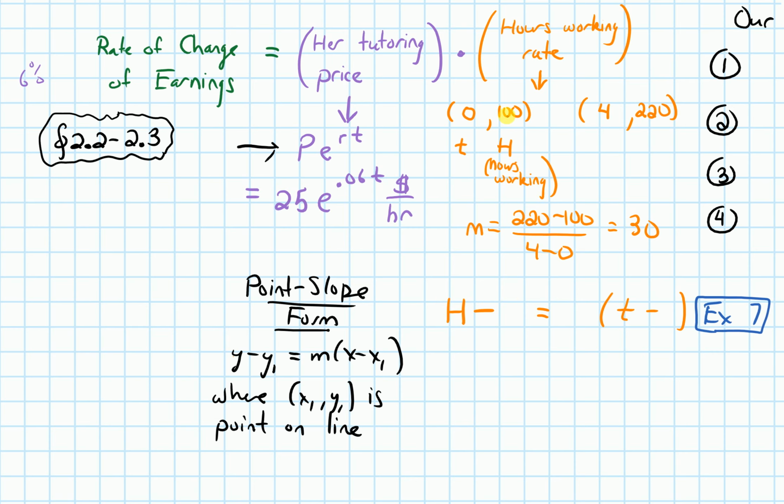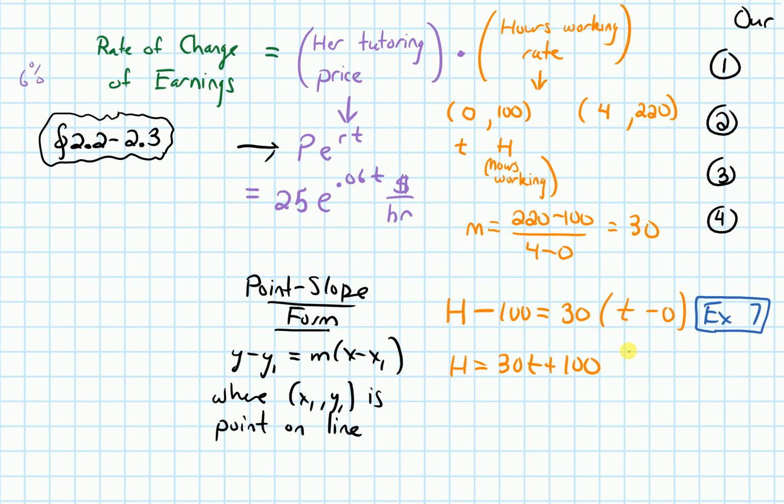So if I'm using (0, 100), the h coordinate would be 100, equals the slope, m, 30, times t minus the t coordinate of that point. And the t coordinate is 0. And if we rearrange this, we get that h equals 30t, and then add the 100. So h equals 30t plus 100.